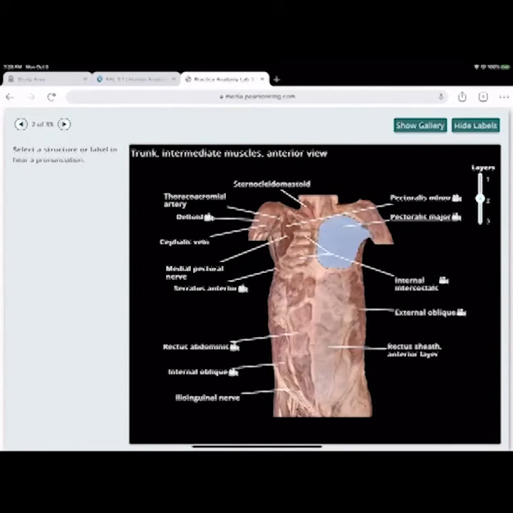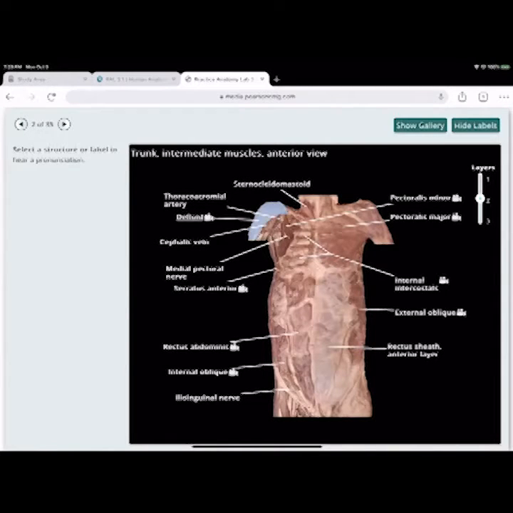Okay, and a little bit deeper dissection of it, you have your sternocleidomastoid, where it attaches. You have your thoracoacromial artery. We haven't gone over the cardiovascular system yet.